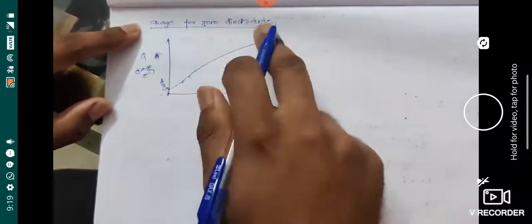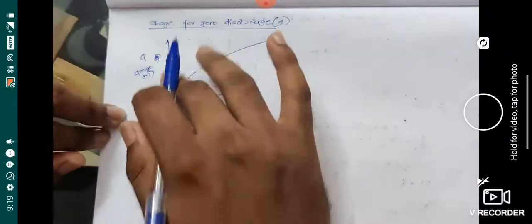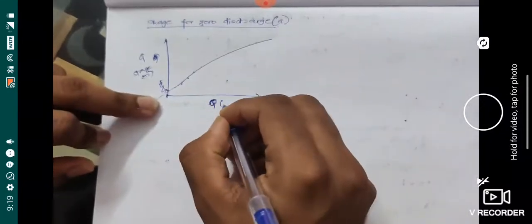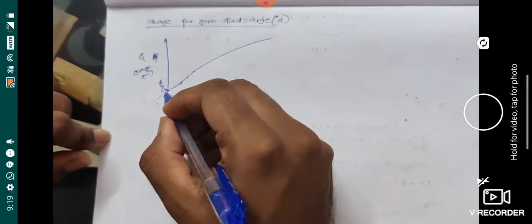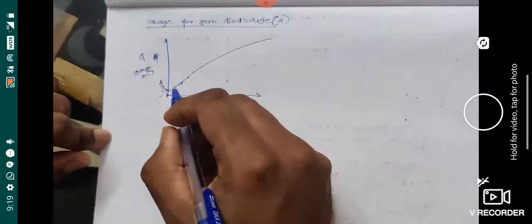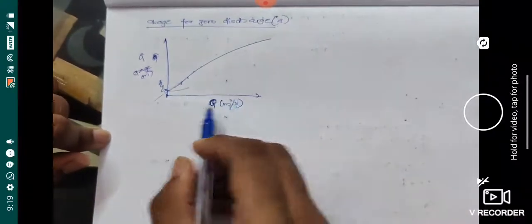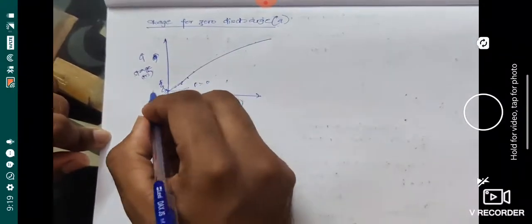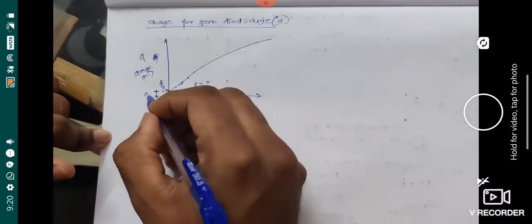For estimation of zero discharge, that is A, it's better to plot a graph in such a manner that you have the y-axis for the stage and the x-axis for the discharge in meter cube per second. When you extend it so that it meets the y-axis, the Q value is equal to 0, but you have some positive value for the stage, and that is nothing but your A.